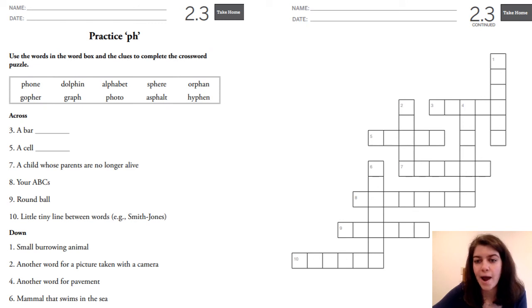So I'm thinking graph, so I'm going to put G, R, A, P, H. I think I must be right. Then I'm going to make sure I crossed off number 3 because I know I'm done with that one. Then I would move on and I would keep trying to solve the puzzle with the rest of the clues.